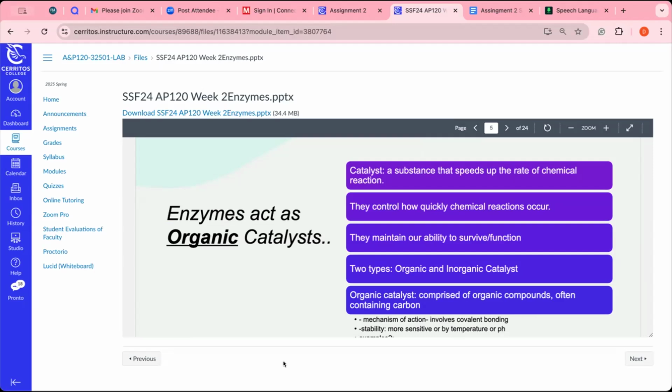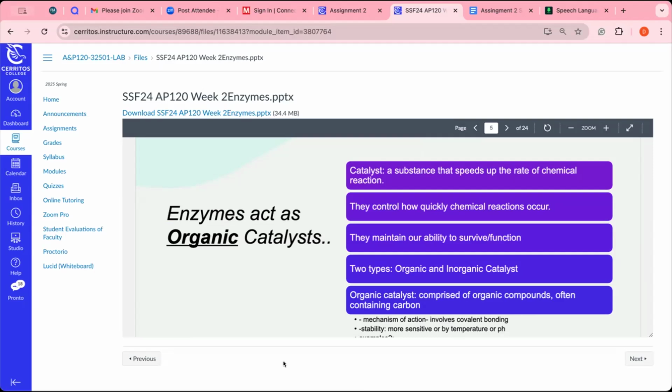Organic catalysts are comprised of organic compounds often containing carbon, okay? Now, their mechanism of action involves covalent bonding. Covalent bonding, remember, means that the atoms share electrons, usually in the last valence shell.